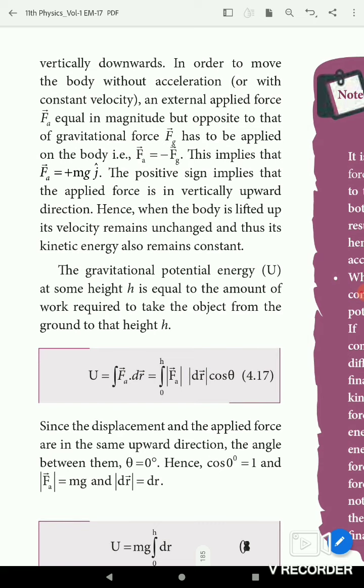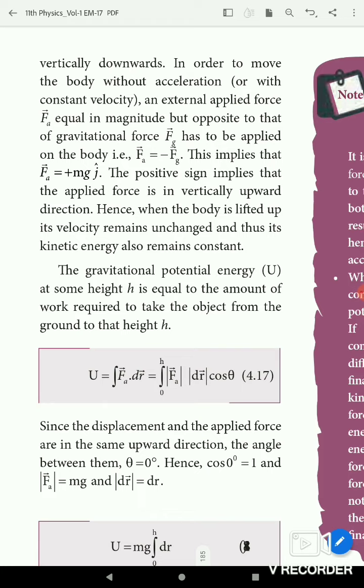The positive sign implies that the applied force is in the vertically upward direction. Hence, when the body is lifted up, its velocity remains unchanged and thus its kinetic energy also remains constant.